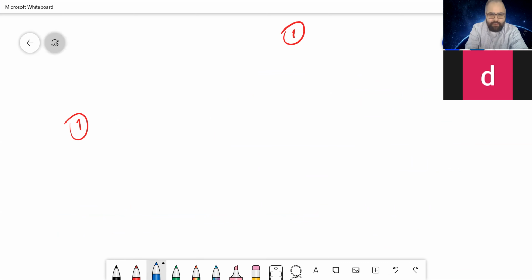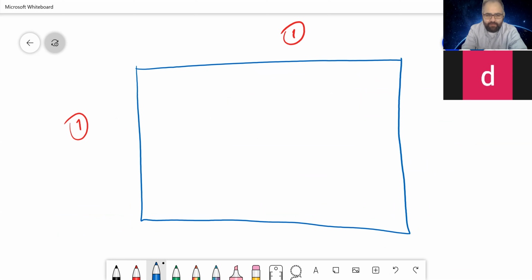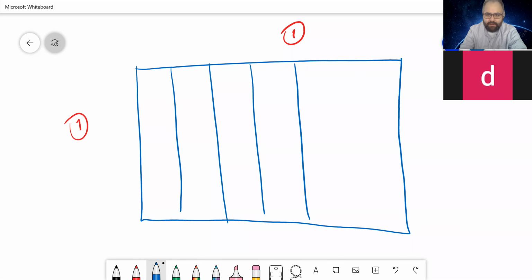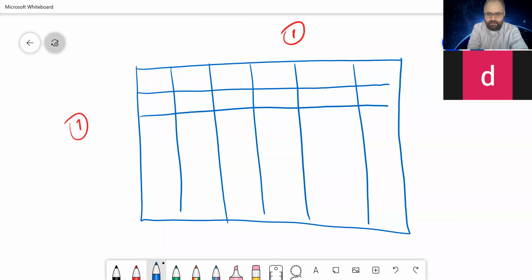The first row and first column will itself have many different rows and many different columns, right? So suppose that in this economy, there are six sectors, okay?